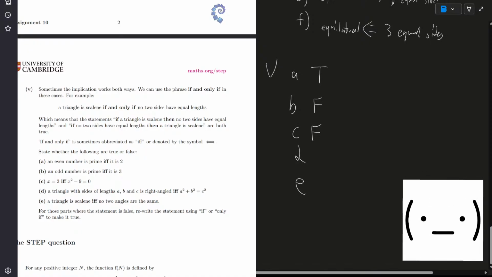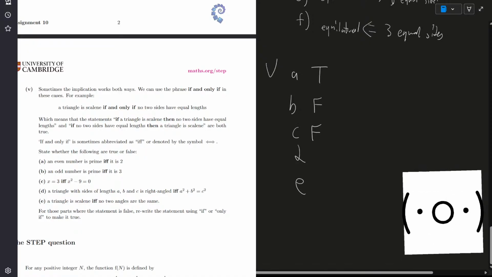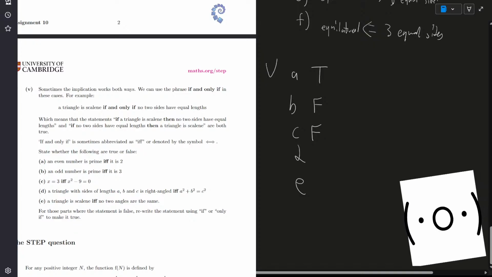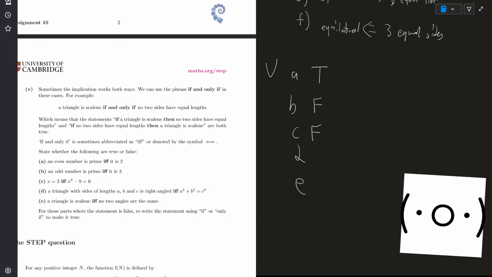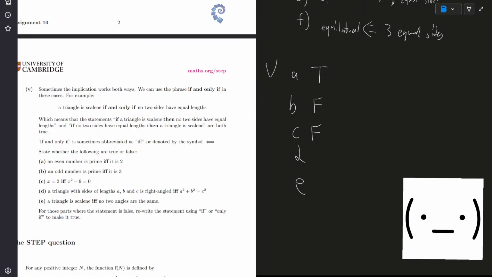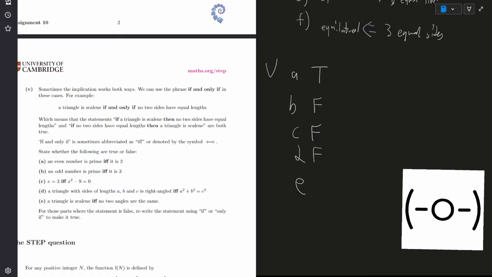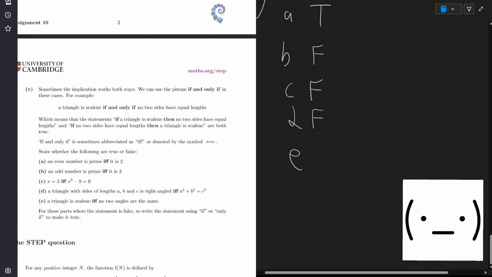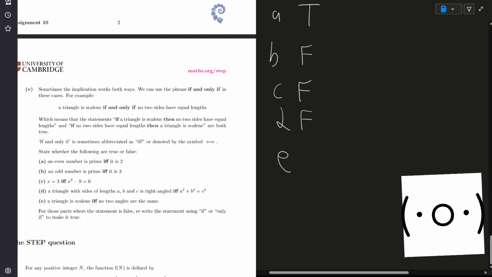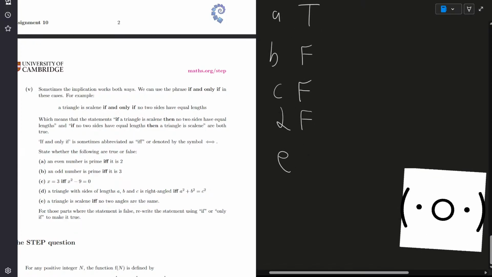No, because of -3. A triangle with sides of length A, B, and C is right angled if A squared plus B squared equals C squared. I mean, you've not exactly given them in any order, so no. Like, it could be that C squared plus B squared equals A squared, right?